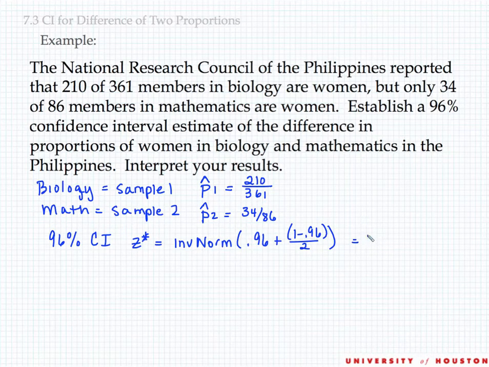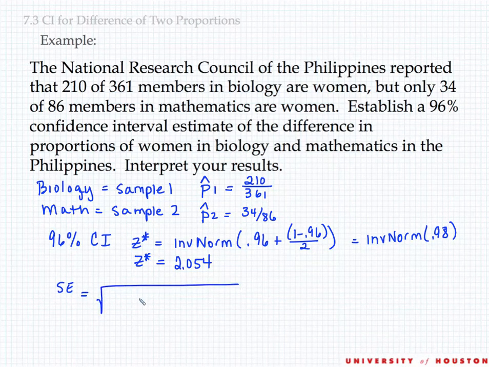So this would be our inverse norm or qnorm of 0.98. This value comes out to give us a critical value of 2.054.